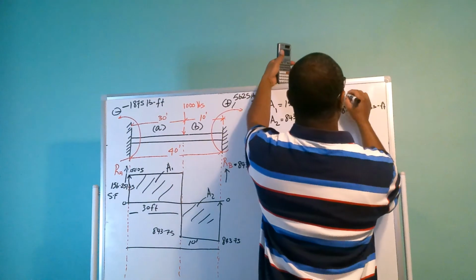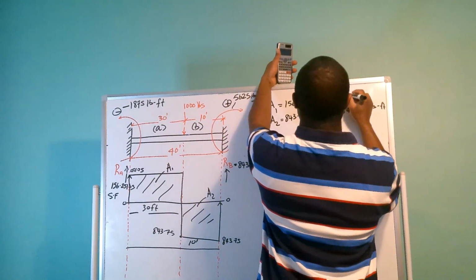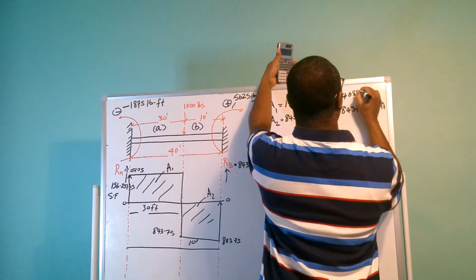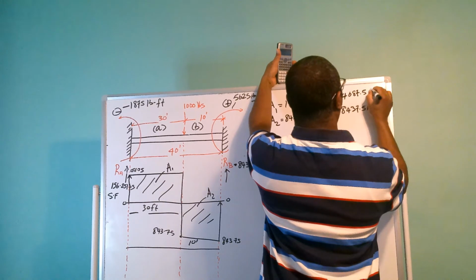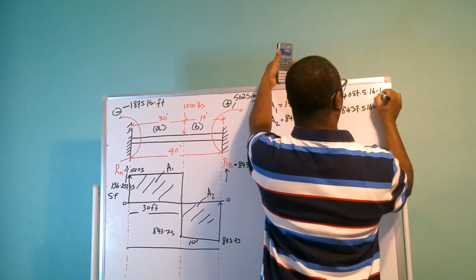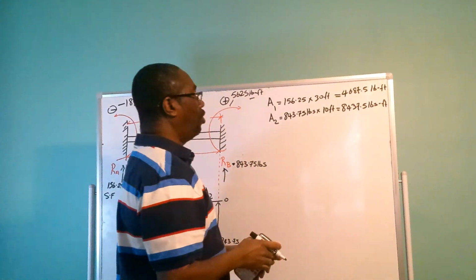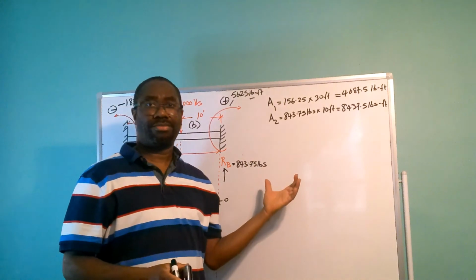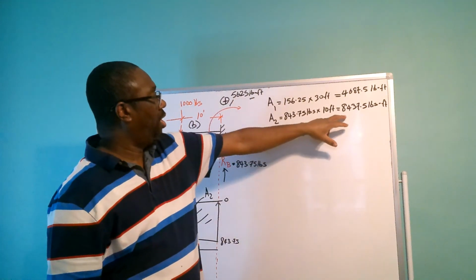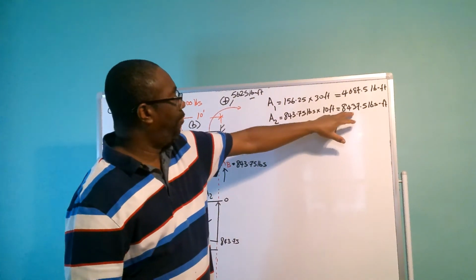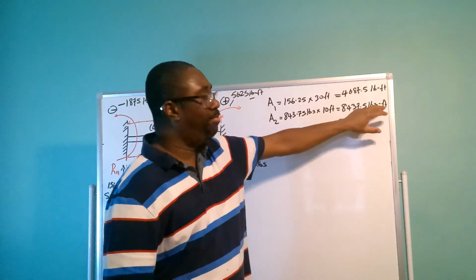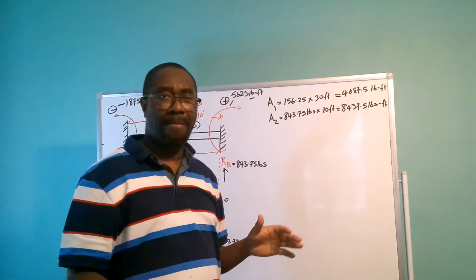This is going to equal 4,687.5 pounds foot. So we're going to choose the higher, which is 8,437.5 pound foot to be our maximum bending moment.